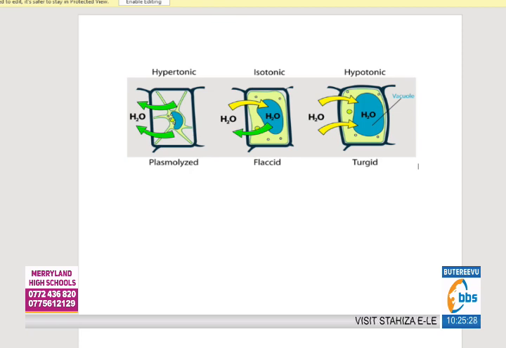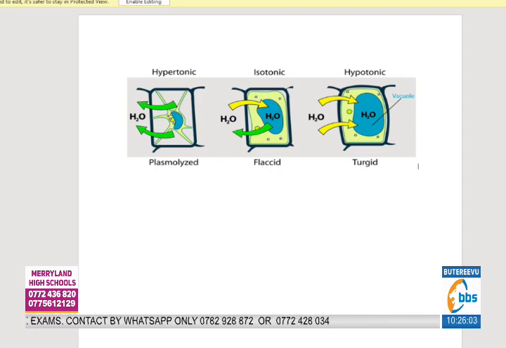The middle section is where we have a plant cell placed in isotonic solution, a solution whose water and solute concentration is the same as that of the plant cell, and thus there is no net movement of water. As you can see, it's neither plasmolysed nor turgid, but flaccid, in such a way that there is no tightness from much water entering it, and there is no excessive loss of water.